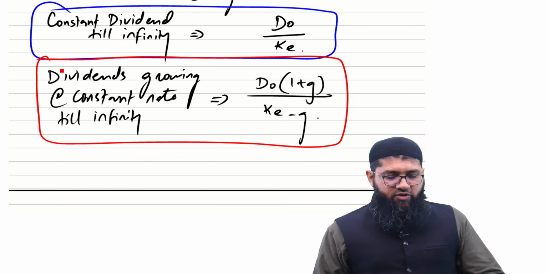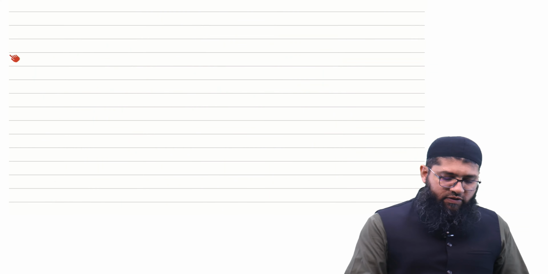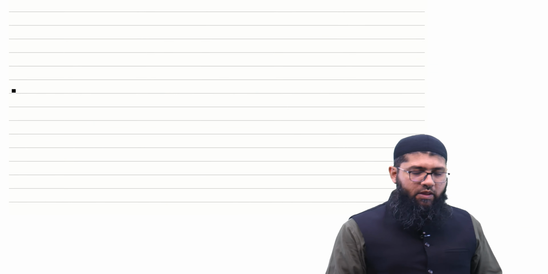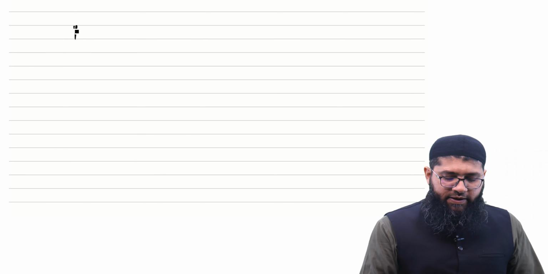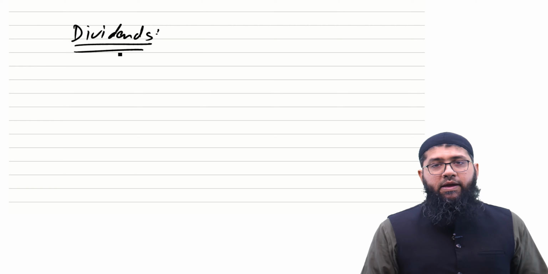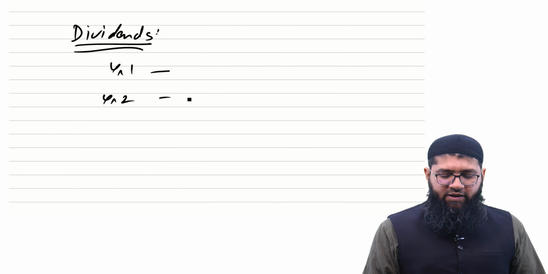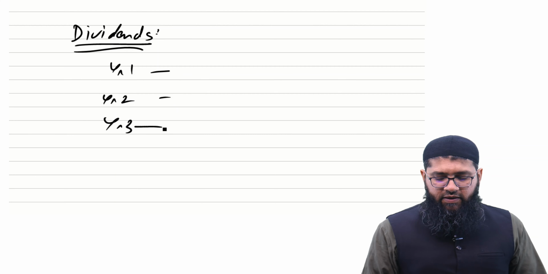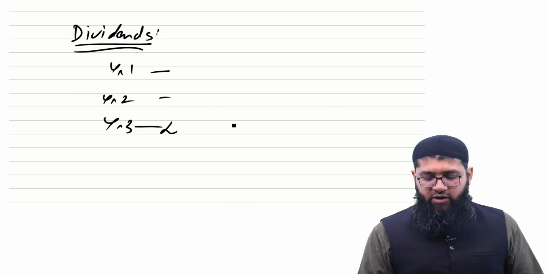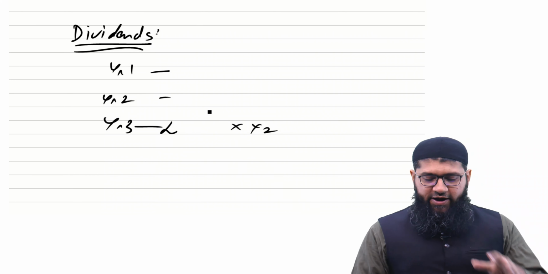The third one is that the examiner could give you things like this. He could suggest the dividends like this: year 1 dividend could be given, year 2 could be given, and he might say from year 3 till infinity the dividend is going to be X, Y, Z. So how are you going to calculate?